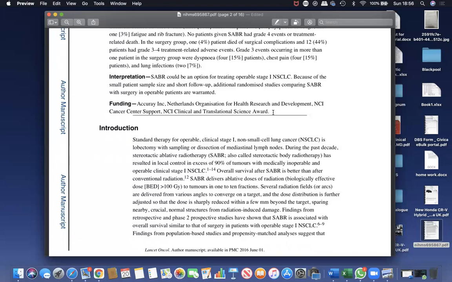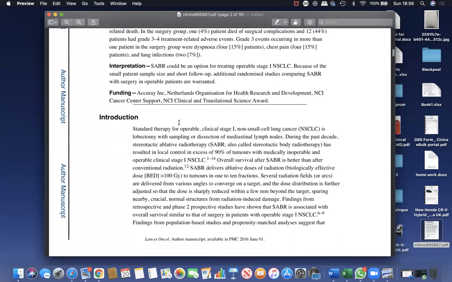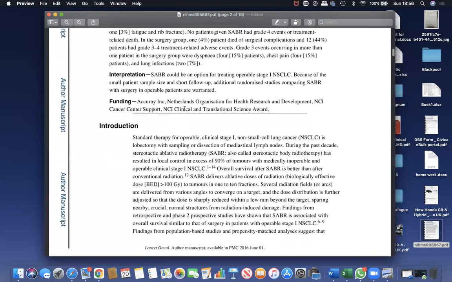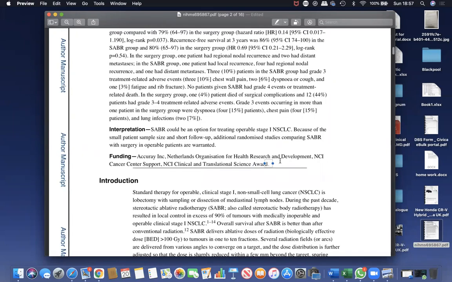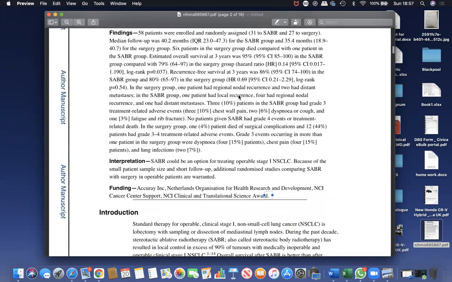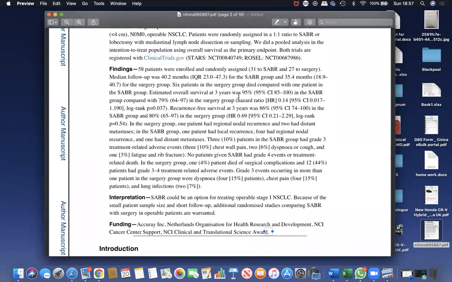Okay, let's look at the funding also quickly while we are here. Funding is by Accuray Inc., Netherlands Organization for Health Research and Development, NCI Cancer Center Support, NCI Clinical and Translational Science Award. My issue here is this translational science. If they are talking about translational science, there is no mention of any in this.